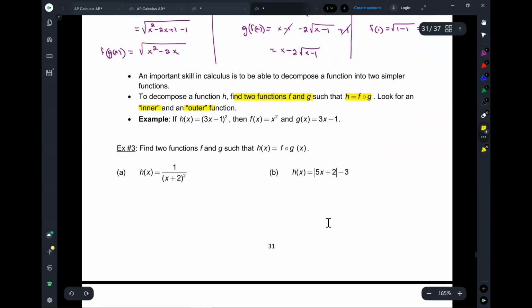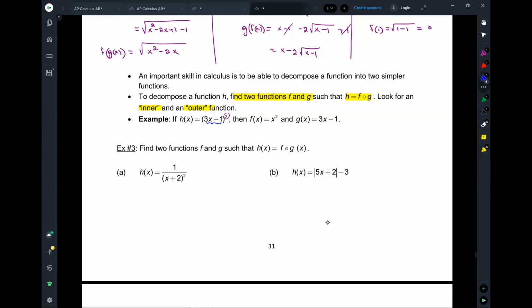For example, if I have h of x is equal to 3x minus 1 squared, if I zoom out, what's an outer shell of a function that I can recognize here? Something squared, right? On the outside, I have something squared. And then if I zoom in, what's inside of the x squared? The 3x minus 1. Okay?